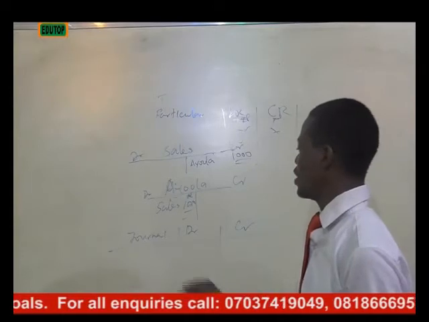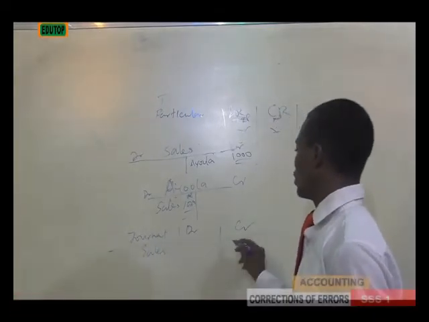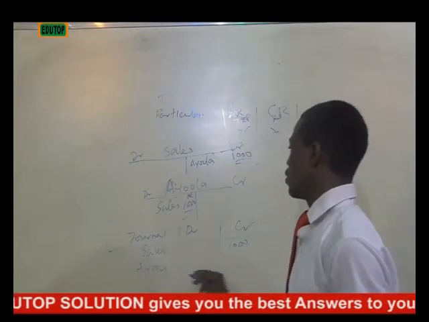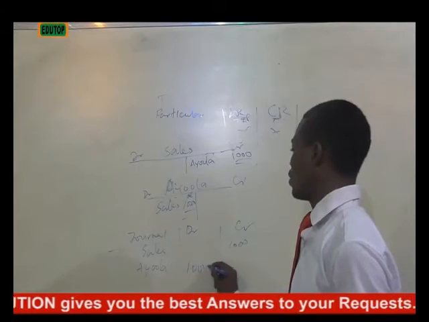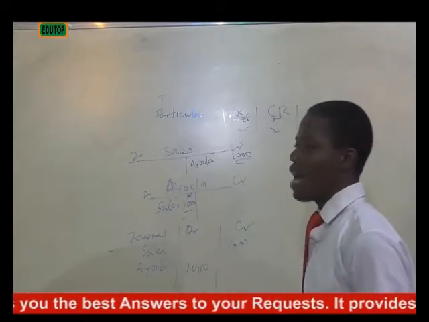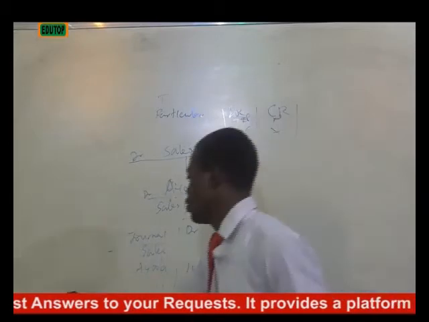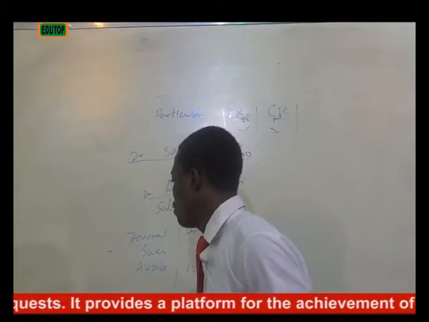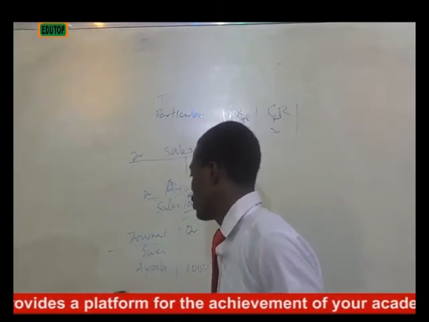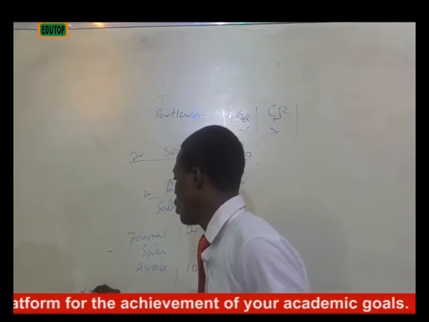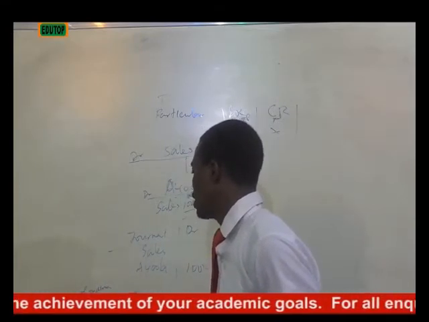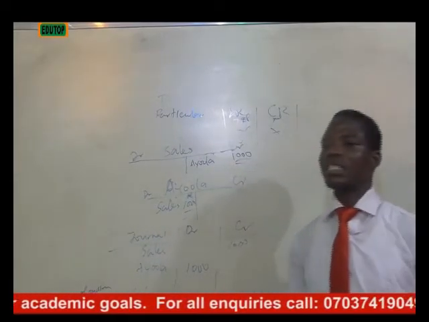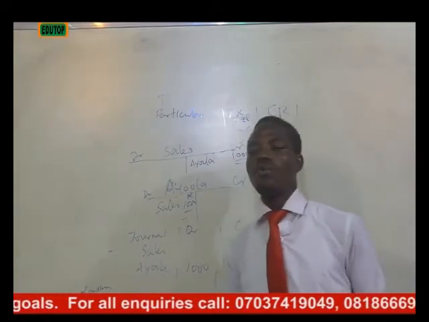So you can just effect the change: Ayola 1,000, sales 1,000. And don't forget, in the journal we have what we call narration. You can write: error of omission being corrected. So that is the error of omission.